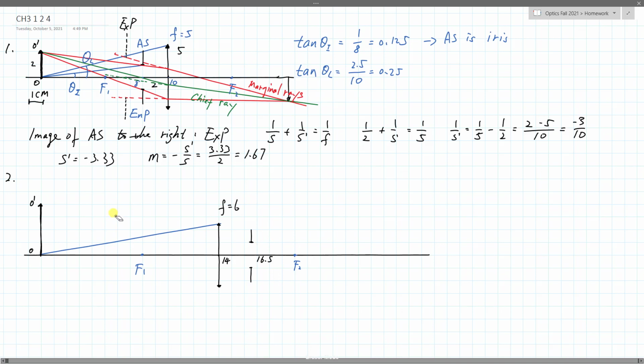So light rays have to propagate from right to left. So to do that, we need to calculate. Find the image of the iris.